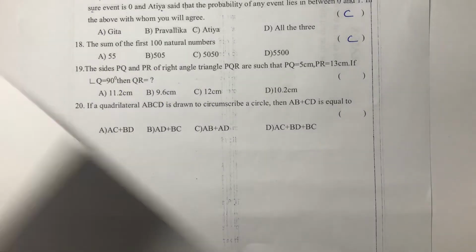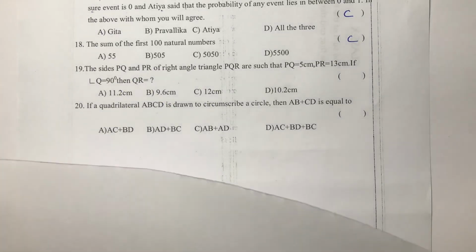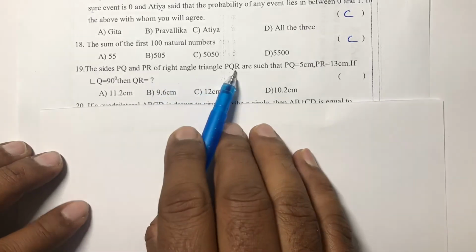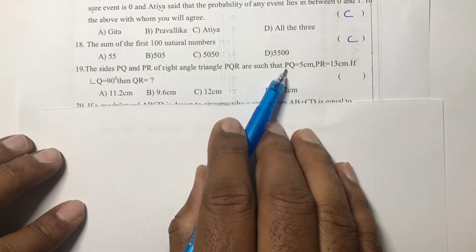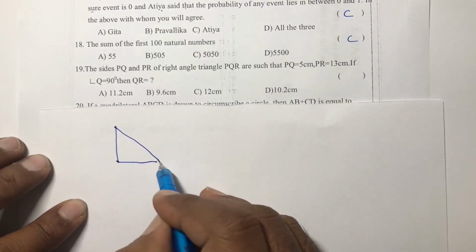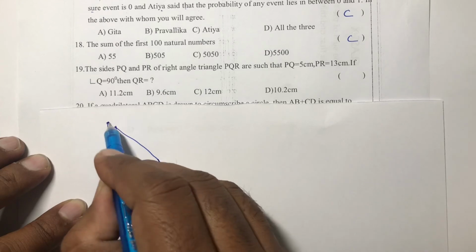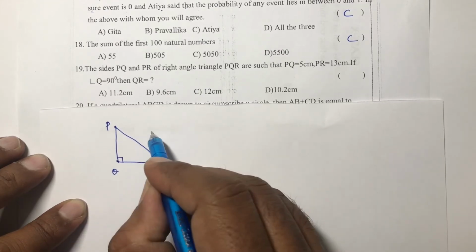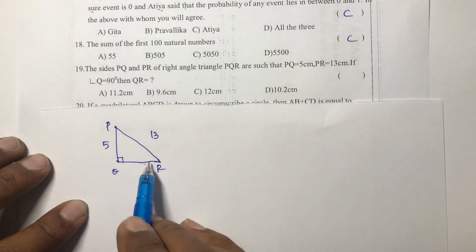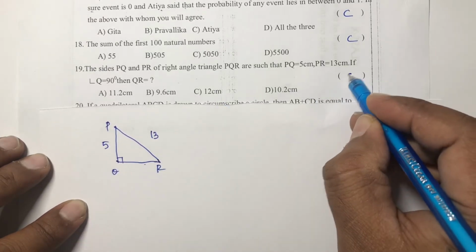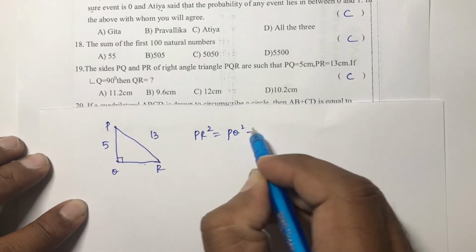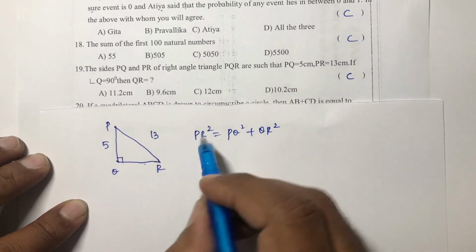Next one. The sides PQ and PR of a right angle triangle PQR are such that, see, right angle at Q, PR is 13, PQ is 5. If you apply the Pythagoras theorem, we will get QR is 12. So PR square equals PQ square plus QR square.